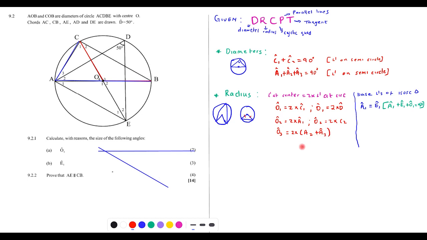Yes, there is an isosceles triangle, and in that isosceles triangle, we see that angle B is equal to C2, which also means that I will need to consider adding those angles to 180 to find B or C2. All right, let's move on to the next one.